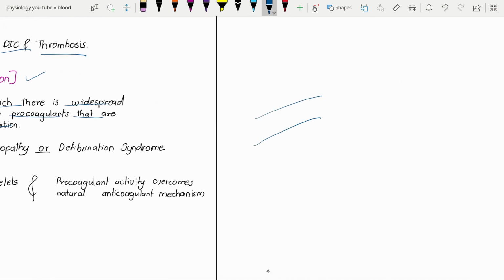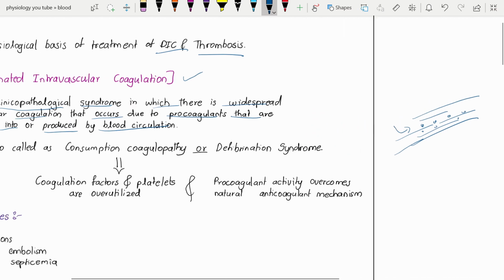There is excess coagulation happening within the blood vessels and it is widespread. This is due to introduction of procoagulants or the production of procoagulants by the blood circulation itself. Both are possibilities that cause the excess coagulation.